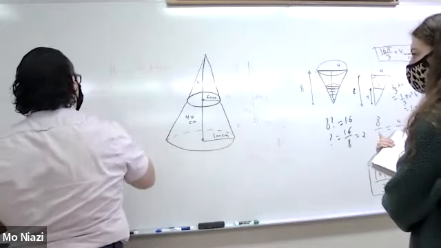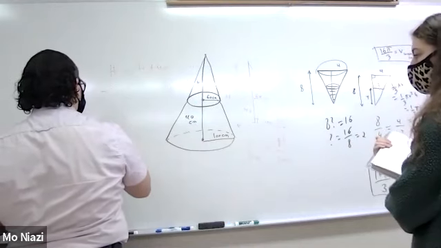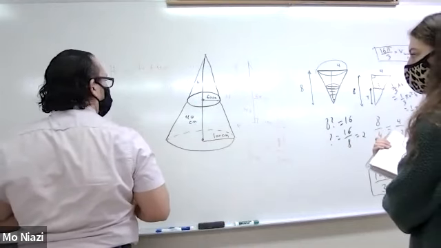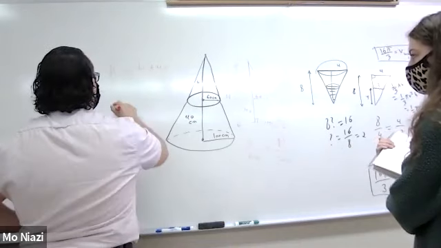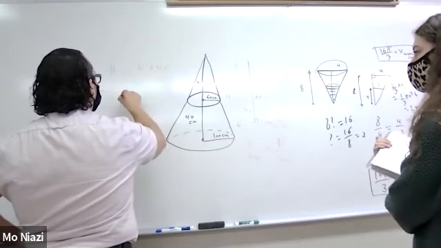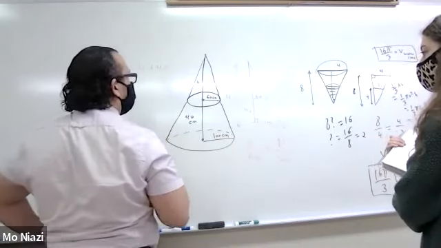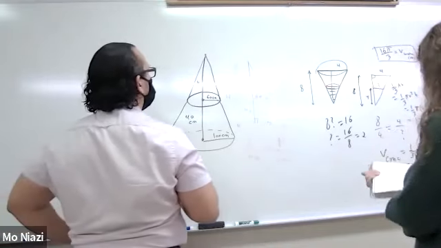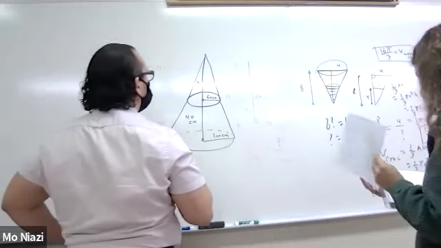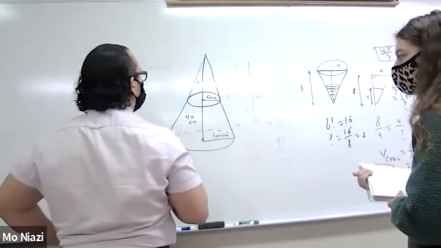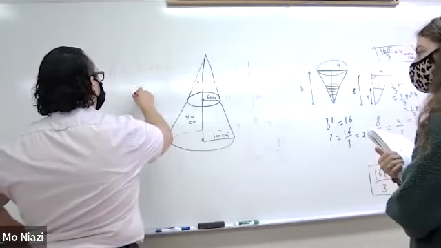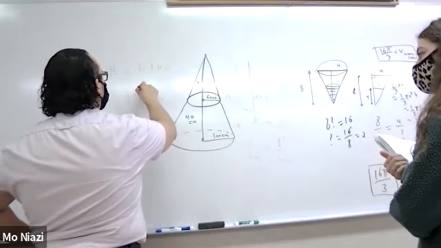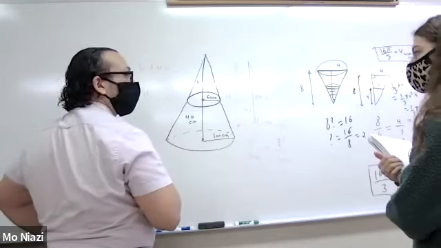Capital V would be the volume of the larger cone. Little v would be the volume of the smaller cone. The volume of the larger cone is 1/3 area, right? Big area, capital H, right?